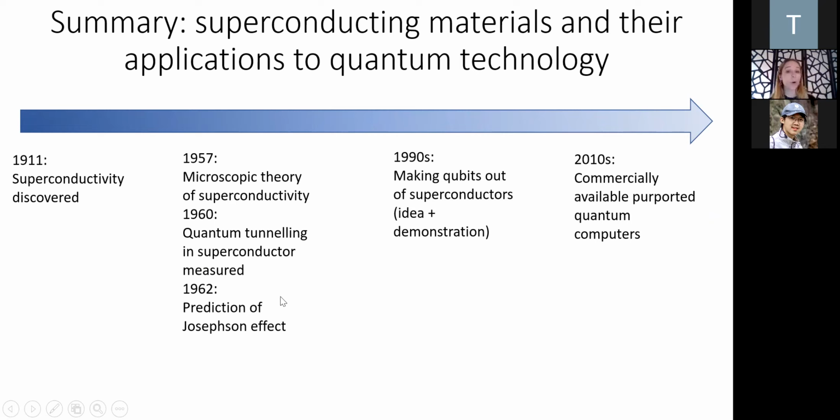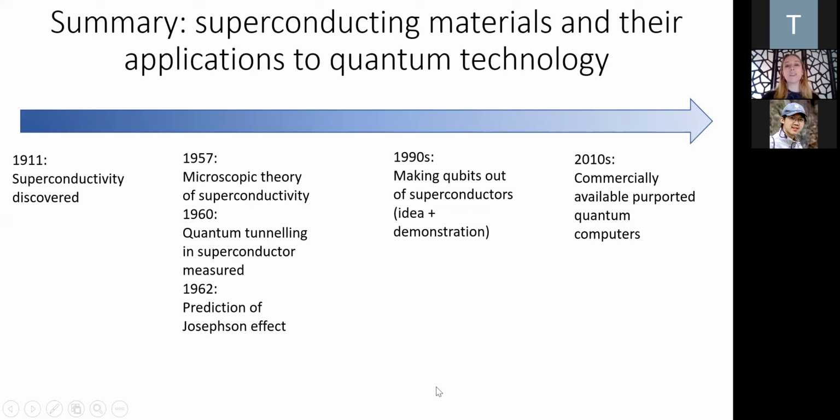So fast forward another 30 years, and it wasn't until the 90s that people really started to take seriously the idea of making qubits, making quantum computers out of superconductors. So in the 90s, that's when the idea started to percolate. And that's also when, towards the end of the decade, there was the first demonstration of a superconducting qubit.